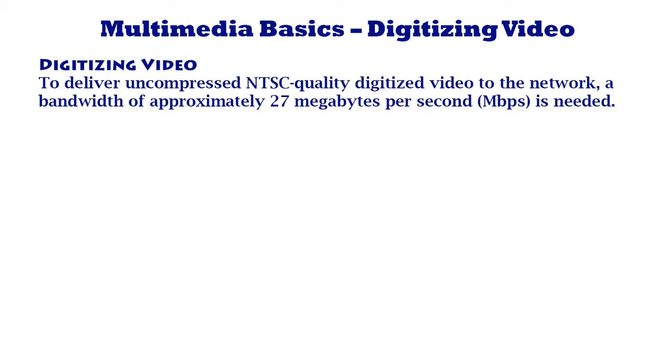Based on these criteria, it is a simple mathematical operation to determine how much bandwidth a particular video stream requires. For example, to deliver uncompressed NTSC quality digitized video to the network, a bandwidth of approximately 27 megabytes per second, that is MBps, is needed.